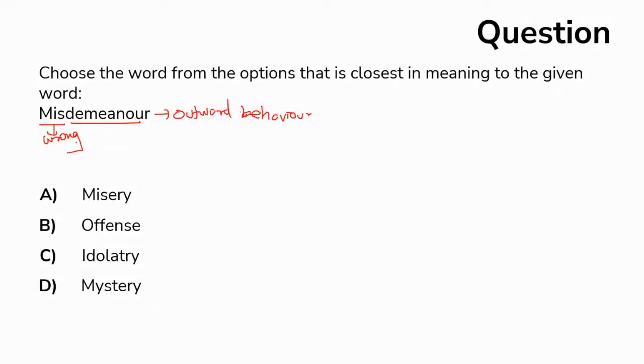Hence, misdemeanor is related to wrong behavior. So out of the given options, the only one that is related in any way to one's behavior is offense.